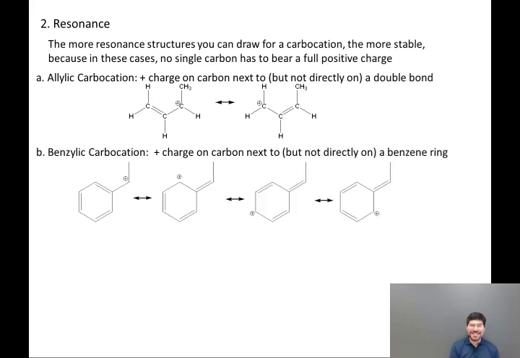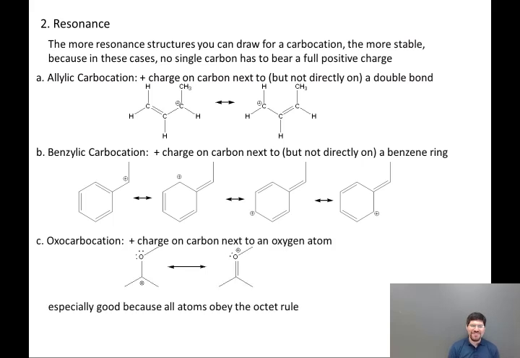Then there's the benzylic carbocation, in which the positive charge is on the carbon next to, but not directly on, a benzene ring. So there are a total of 4 resonance structures for the benzylic carbocation. And then finally, we have the oxocarbocation, where the positive charge is on a carbon next to an oxygen atom, and we have 2 resonance structures for the oxocarbocation.